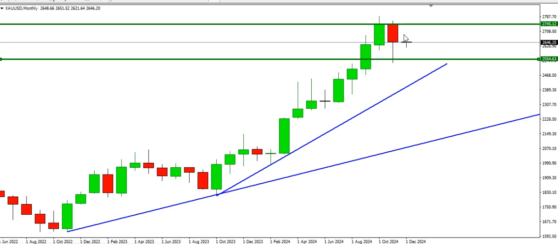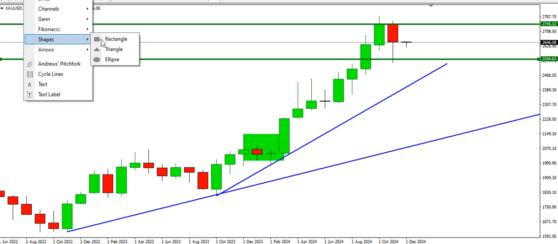and then possibly tests this ascending trend line. For now, with the development of these two candles and the formation of this third candle, we already have a range, just like we had a range around here, and a range around here.